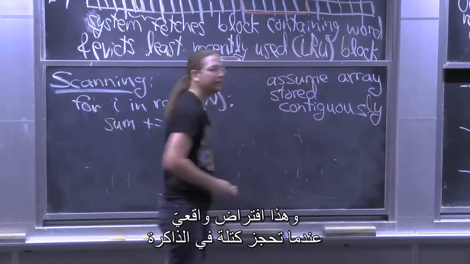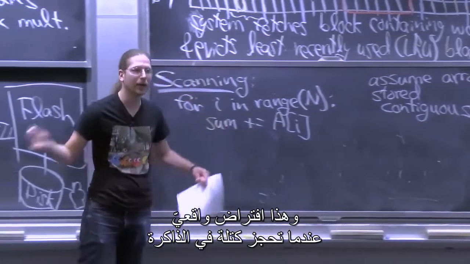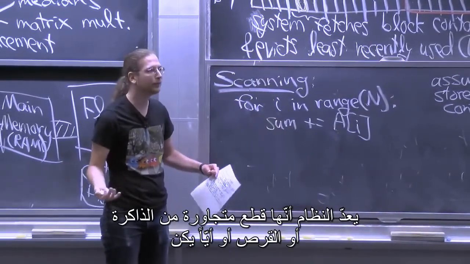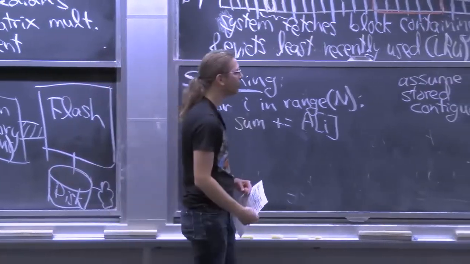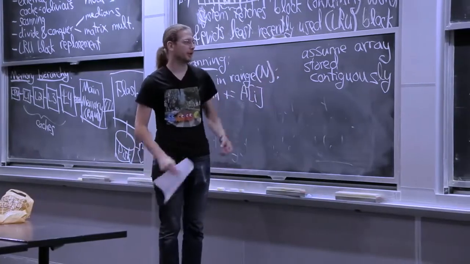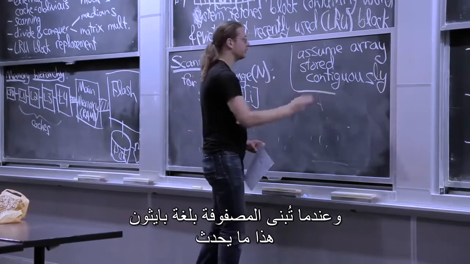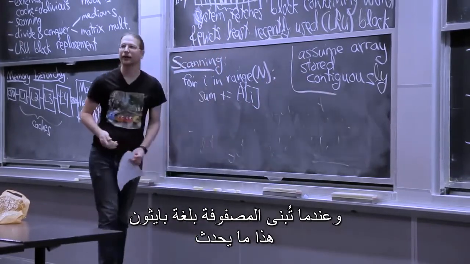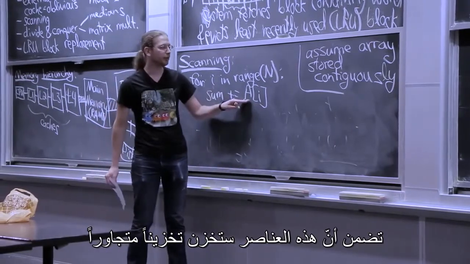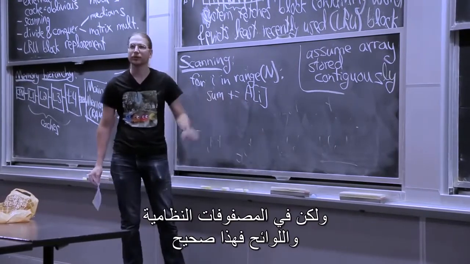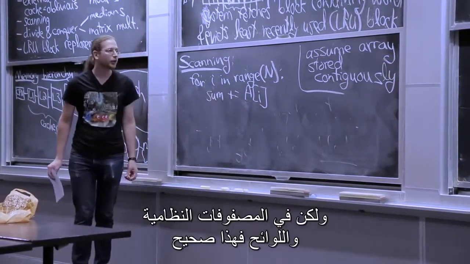And this is a realistic assumption. When you allocate a block of memory, the promise by the system is that it's essentially a contiguous chunk of memory or disk or whatever. And when Python makes an array, it guarantees that these things will be stored contiguously. If you use a dictionary, this would not be true. But for regular arrays, lists, this is true.